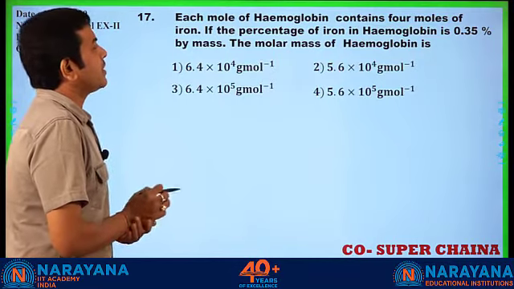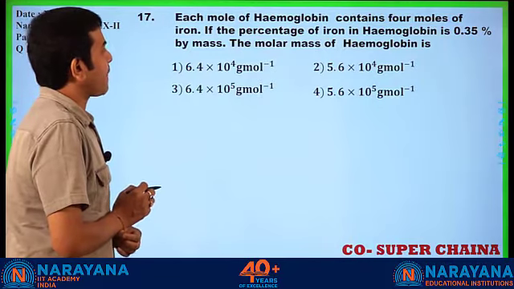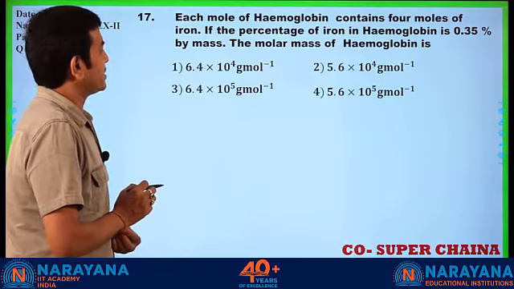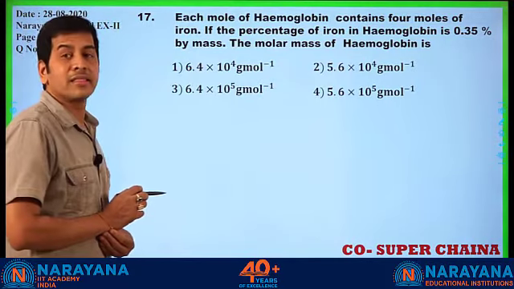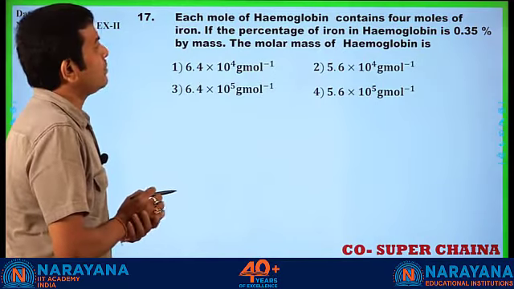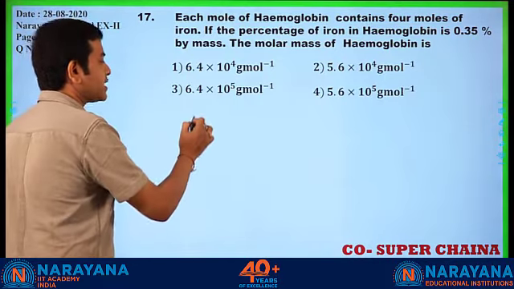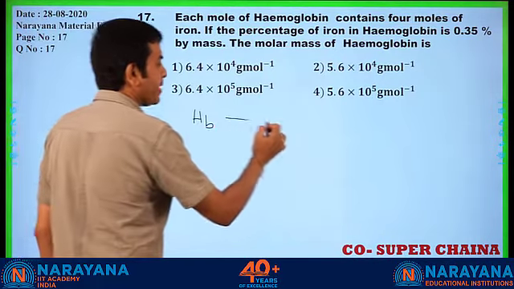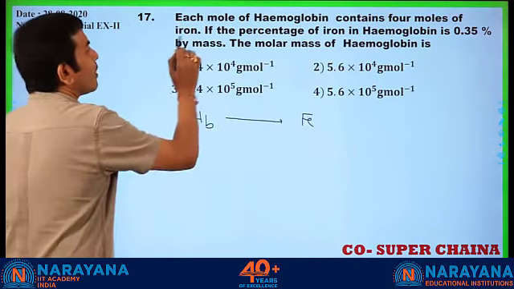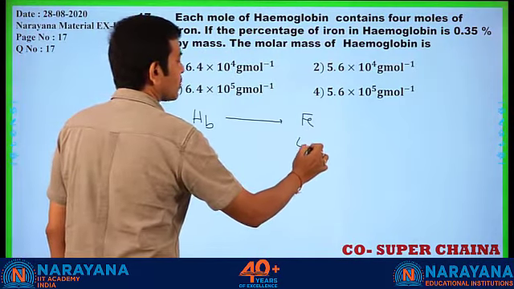Each molecule of hemoglobin contains 4 moles of iron. If the percentage of iron in hemoglobin is 0.35% by mass, then the molecular mass of hemoglobin is? Hemoglobin contains iron, and 1 mole of hemoglobin contains 4 moles of iron.